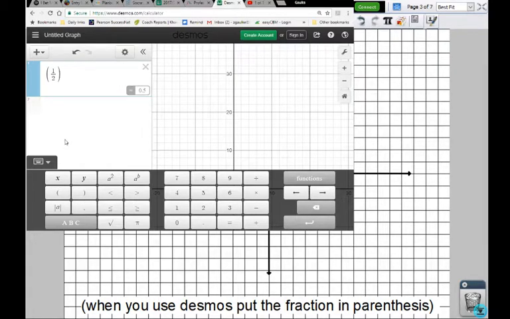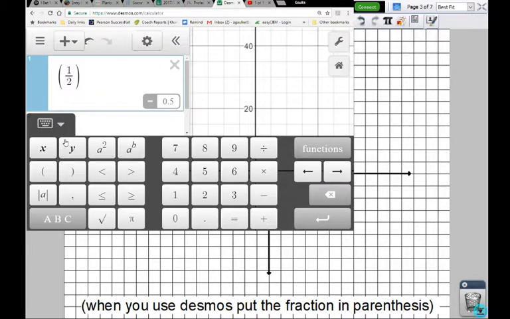Now let me zoom in a little bit. And then from there, I'm going to go times -1, and then I have -1. A lot of 1s in this one. So I plug this in and I get -1.5. So I'm going to go back to my table here. When I plug this in, I get -1.5.